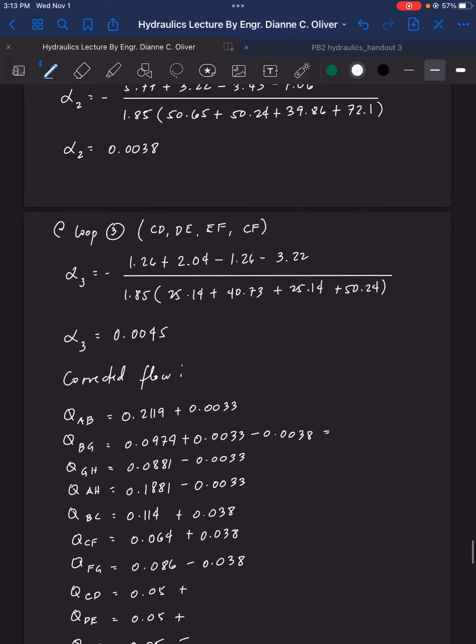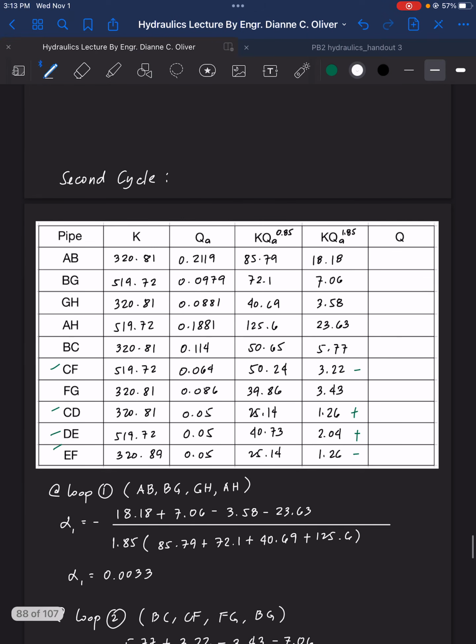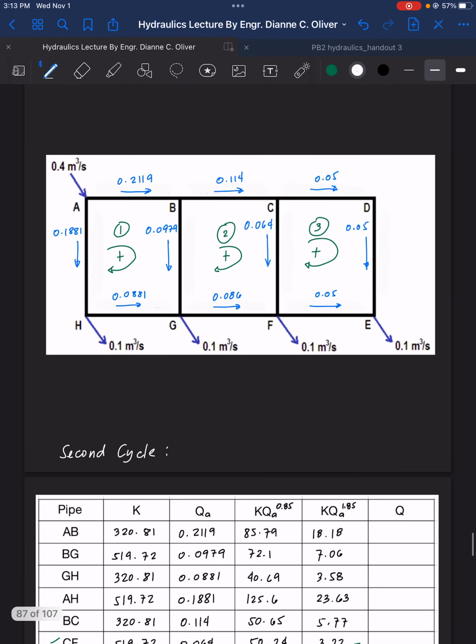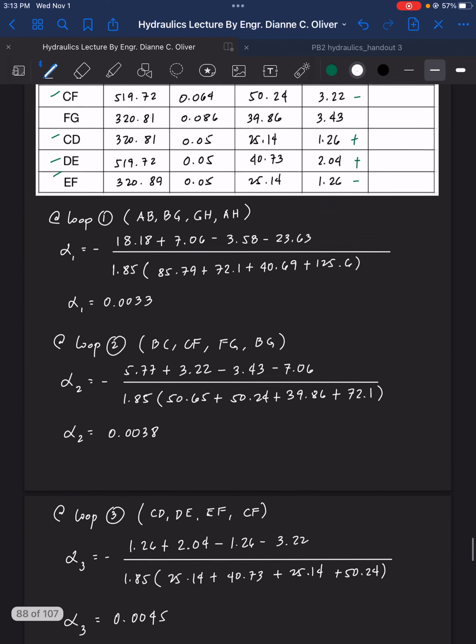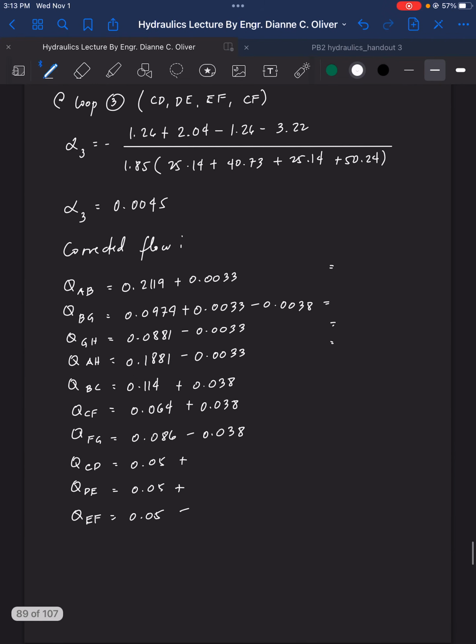Next, for BC, what is positive? Positive on the second loop, 0.0038.